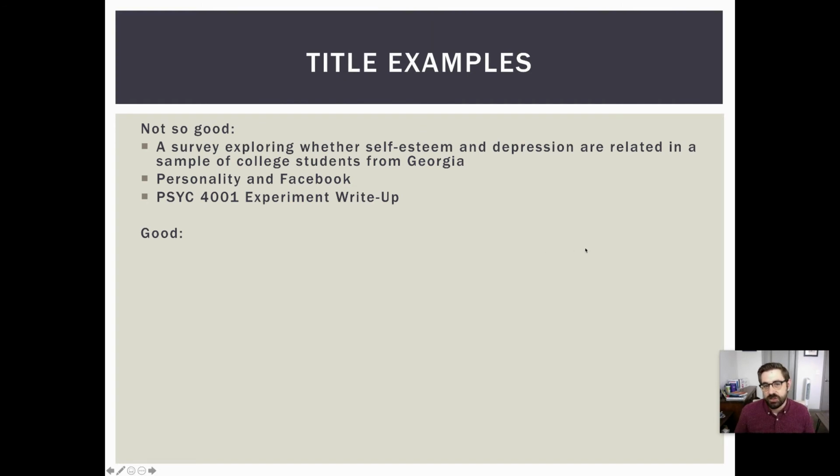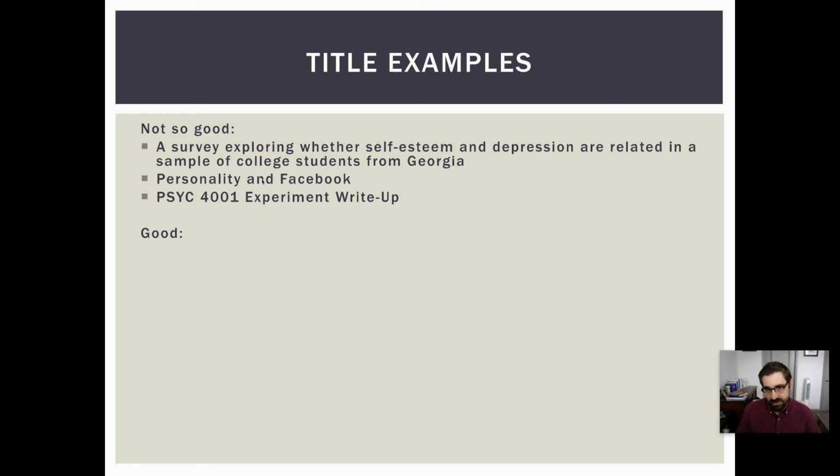So what makes a good title? Well, there's a few things you're going to want to avoid. Avoid writing incredibly long and detailed titles like this. Remember, 12 words is sort of the max you want to shoot for. But also avoid writing titles that are so short that they're not informative. Right?